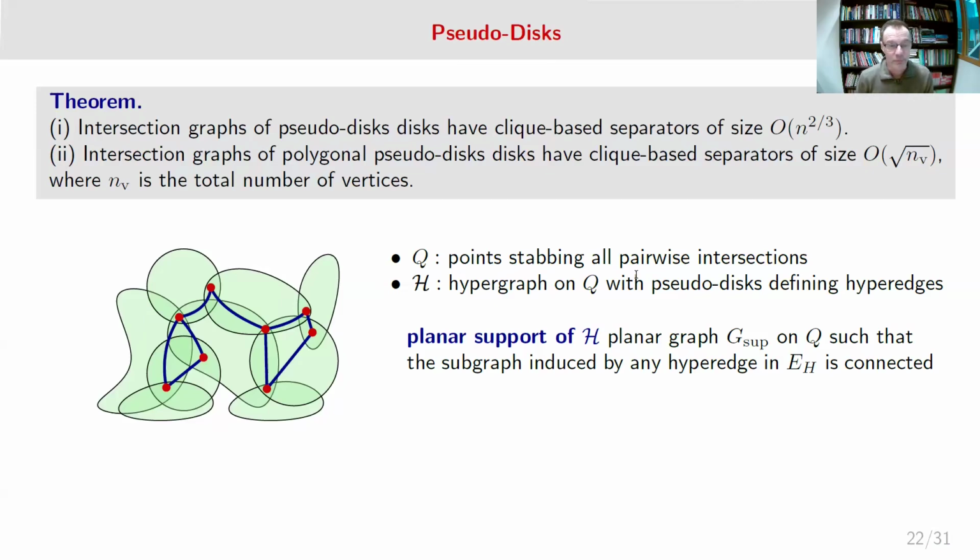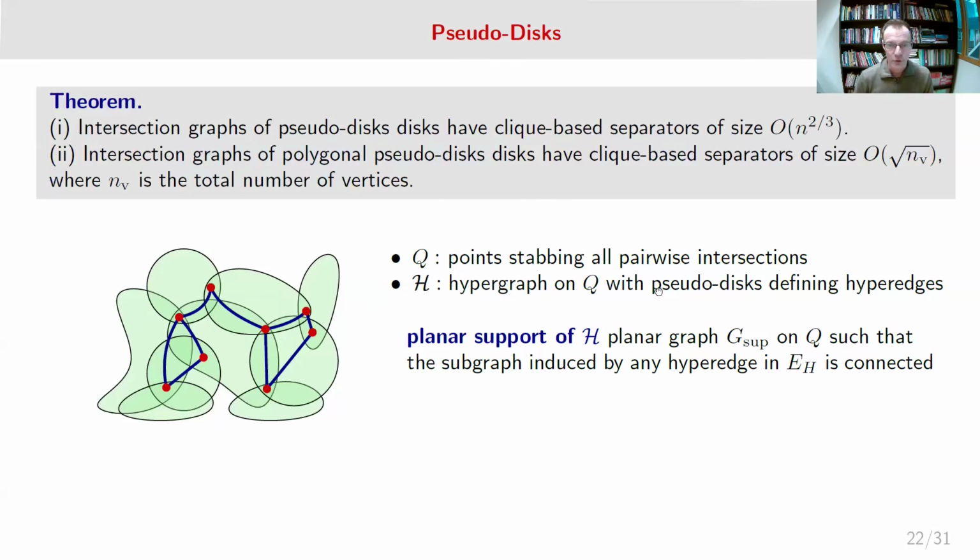But if you're unlucky, maybe you cannot do that. And then you compute what is called a planar support of the hypergraph on these points. So these red points stab all the pairwise intersections, right? So whenever two pseudodisks intersect, I have a red point in their intersection.